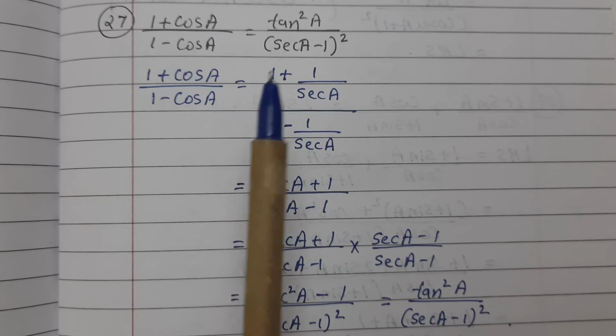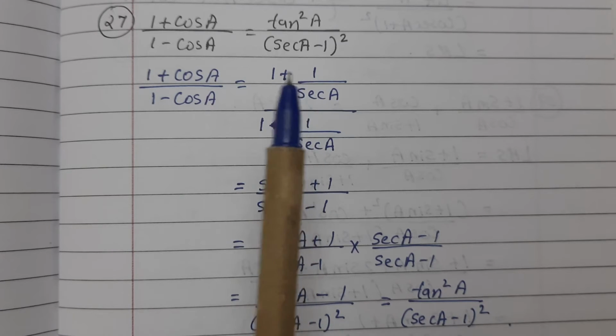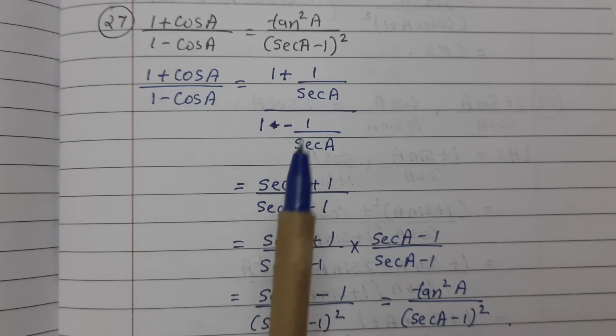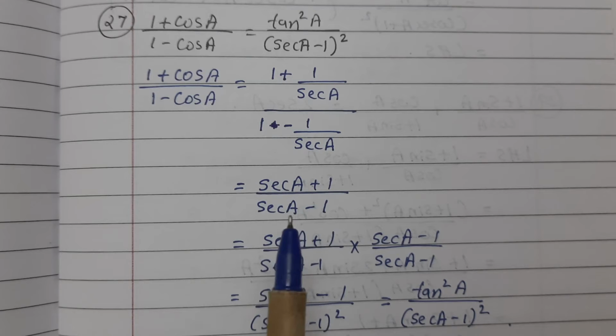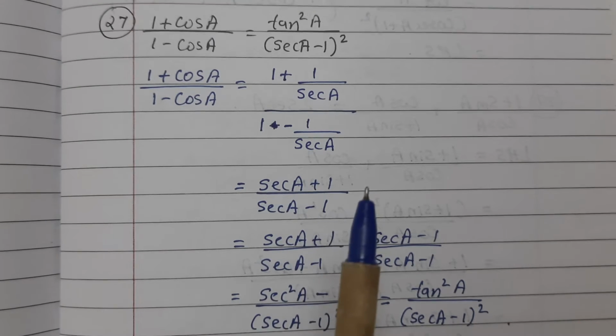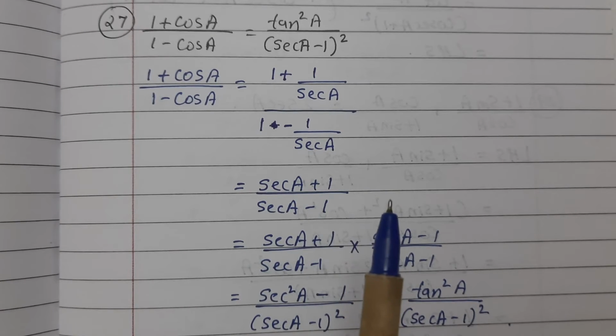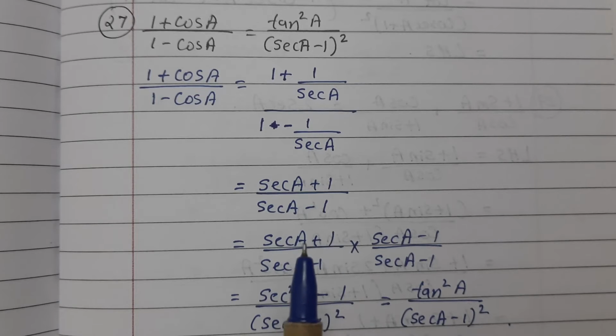This term multiply and divide by sec A. We get sec A plus 1 upon sec A, sec A minus 1 upon sec A. Sec A get cancel each other. Remains sec A plus 1 upon sec A minus 1. Multiply and divide by sec A minus 1. We get sec A plus 1 upon sec A minus 1 into sec A minus 1 upon sec A minus 1.